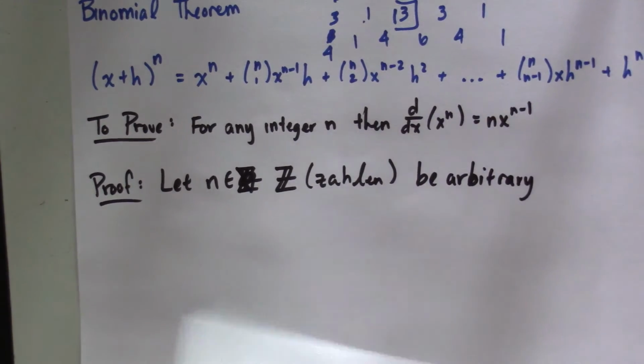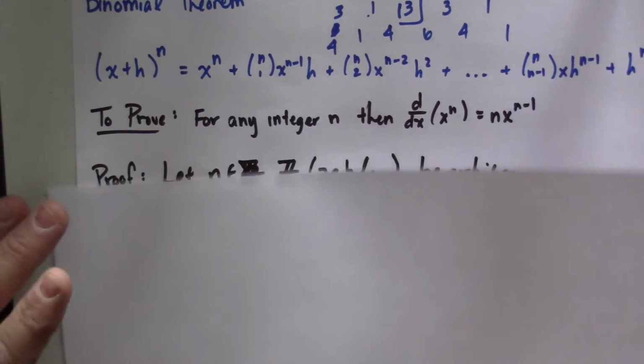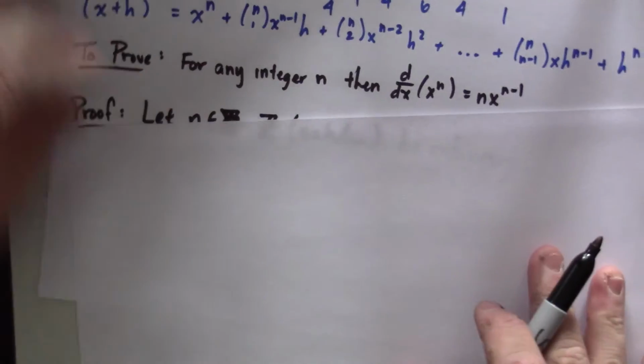Okay? Now, I am about to work a limit definition for x to the n using that tried and true definition. I'm going to scoot this up a little bit because there's no way I'm going to have enough room here. I'll tell you what, let's just start the next page.